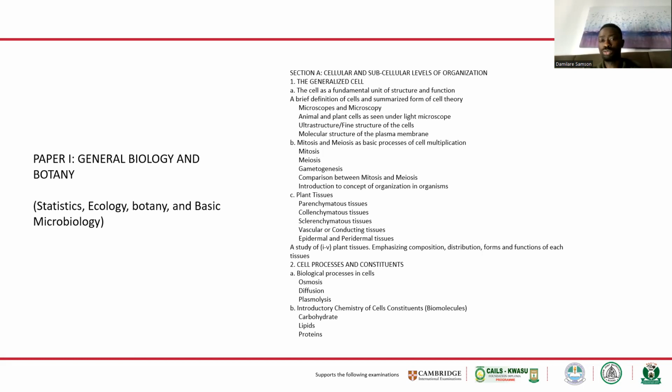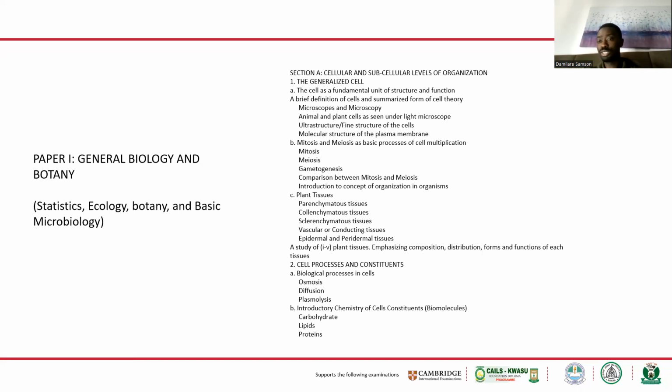So, ultrastructure and fine structure of the cell. Then you look at the cell and what is in the cell, the organelles in the cell, what are the functions, and so on and so forth. Molecular structure of the plasma membrane, mitosis and meiosis, gametogenesis, comparison between mitosis and meiosis, introduction to the concept of organization in organisms.